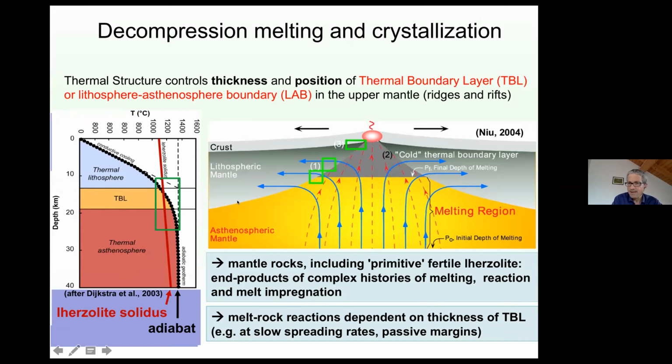So what's basically happening there is that from an adiabat, you start to cool the melt, and at some point in this thermal boundary layer, and I hope Sonia will address this a little bit more in the second talk, you get all kinds of reactions and changing of your mantle peridotites.